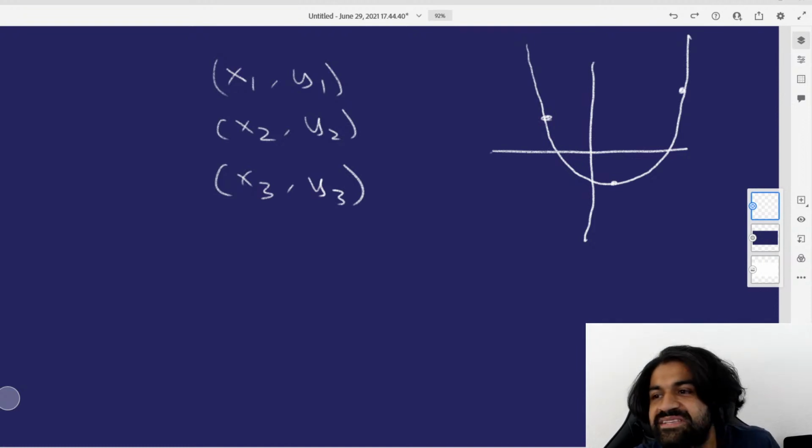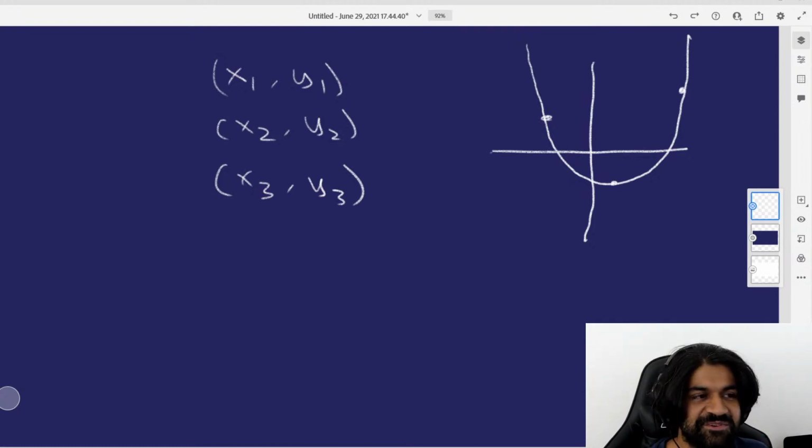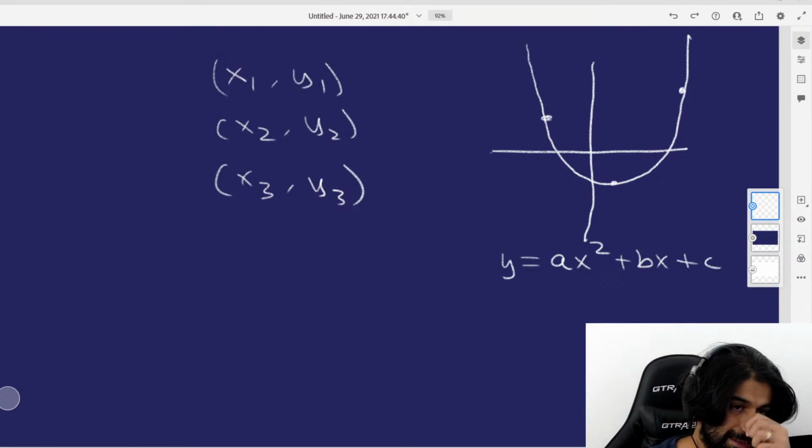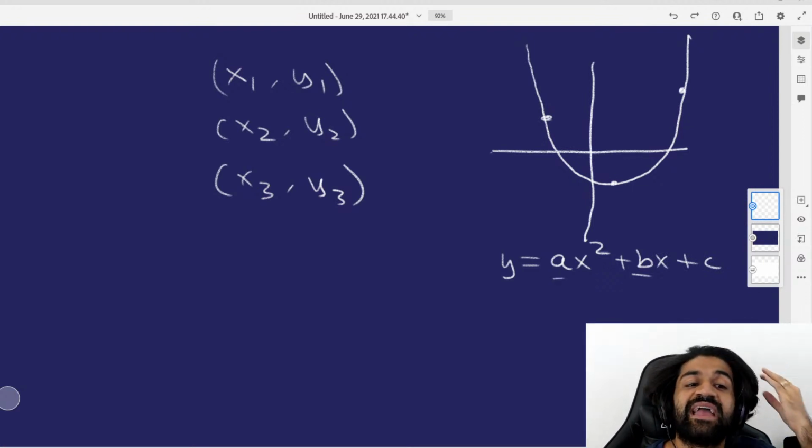So what is the equation of a quadratic? Well, the equation of a quadratic is y equals ax squared plus bx plus c. Agreed? So in essence, I'm just solving for a, b, and c.